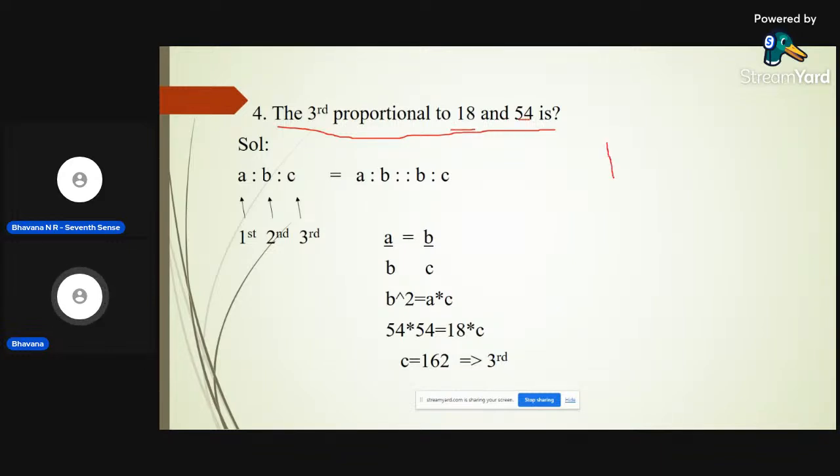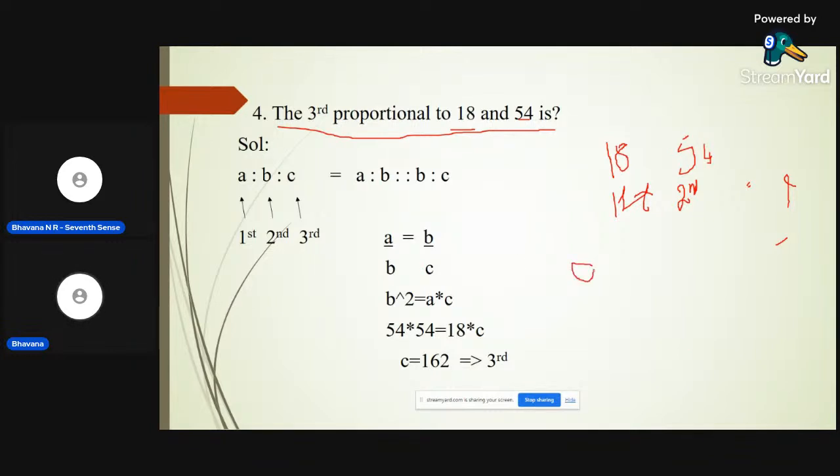So here we only have two values to find the third proportion. This will be considered as the first proportion and this will be the second proportion, right? So we need to find the third proportion. For that we already have the formula.